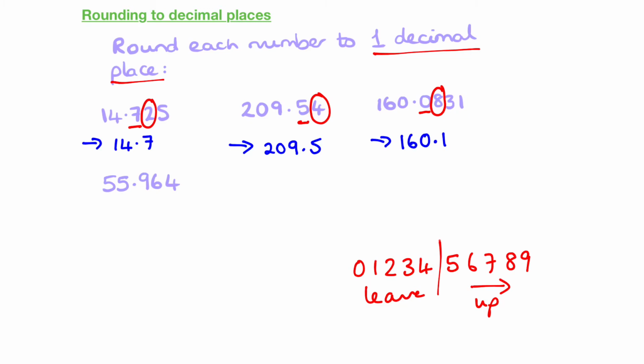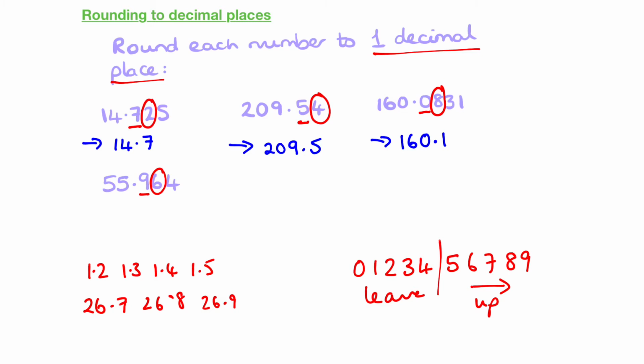55.964. Well, the number in the first decimal place is the 9, and the 6 tells us to move this up. So remember, if we're going up in tenths, we would have, for example, 1.2, 1.3, 1.4, 1.5, or if we started somewhere else, we might have 26.7, 26.8, 26.9.